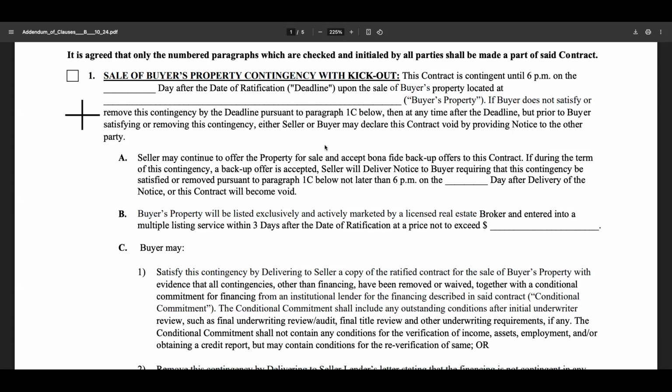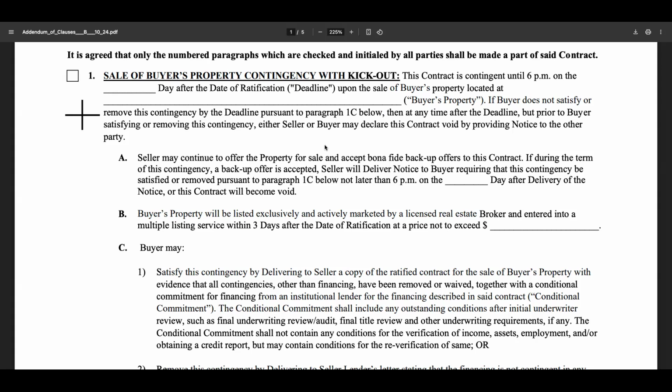So we tend to see 15, 30, 45 days for this, and that depends on how long you think it will take to sell the buyer's property. As a buyer's agent, when you are presenting a contract with a home to settle, a home to sale like this, number one, you've got your comps ready.